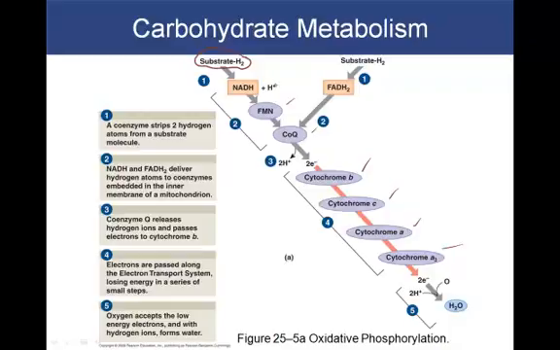So the hydrogen atoms are delivered, and they start being passed from one protein to the next, all the way down the chain. At some point, and here it's step 3, the hydrogen ion, or the nucleus of the hydrogen atom, is lost. And what continues is the electrons. And the electrons are going to be passed from one protein to another until those electrons combine with oxygen to form water.